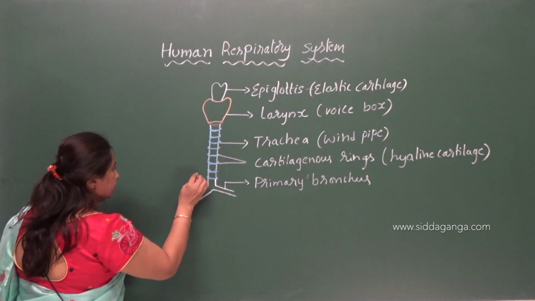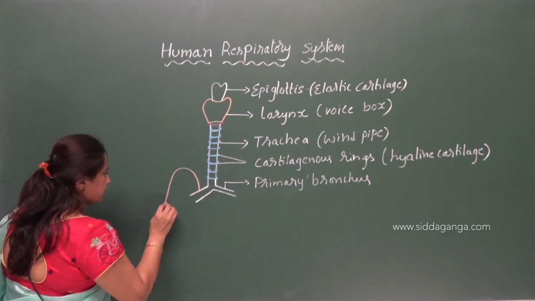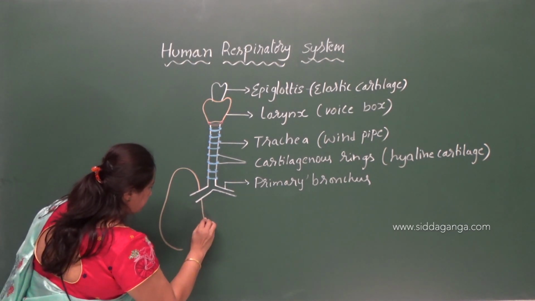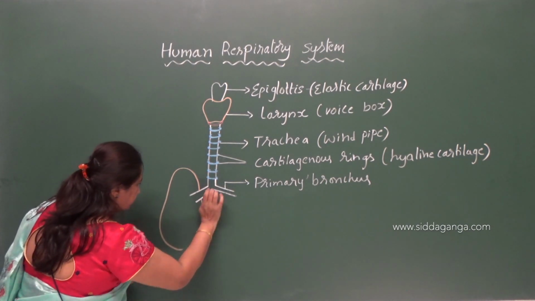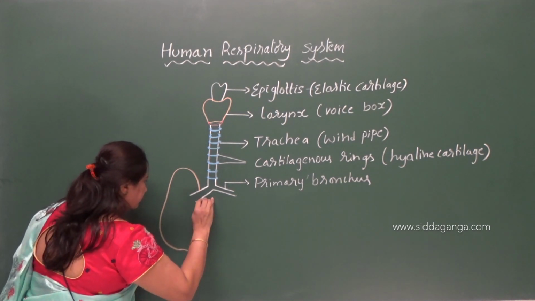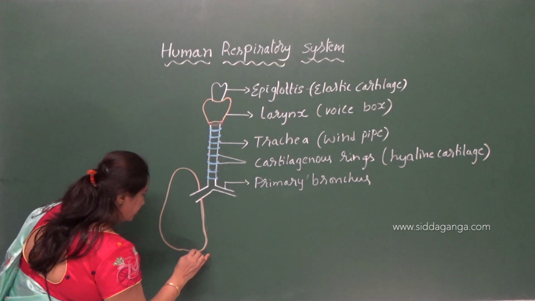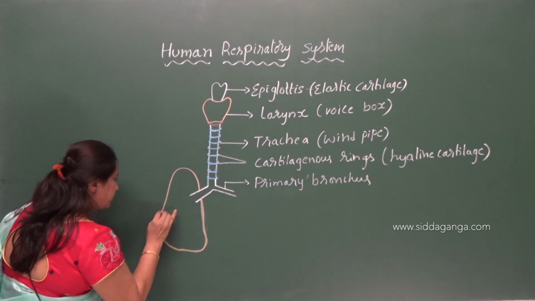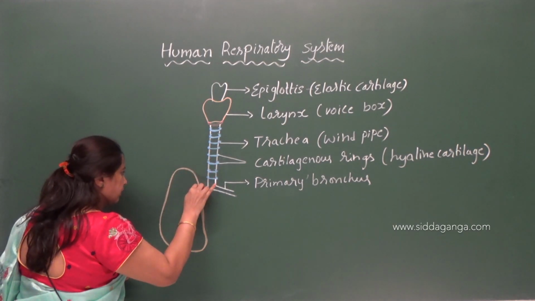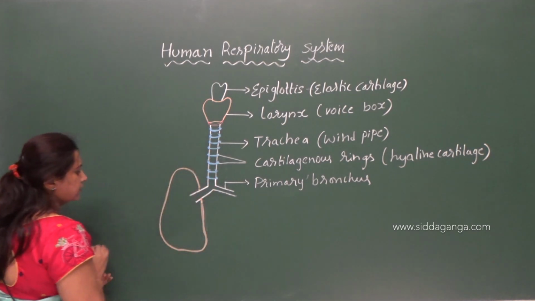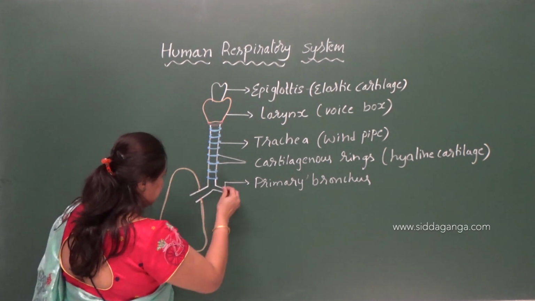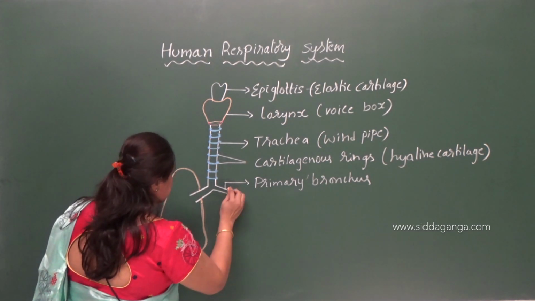So now I will draw the lungs. How many lungs are present in humans? Two lungs are present, the right lung and the left lung. What I am writing is the right lung. And one more lung comes here on the left side. This is the left lung.